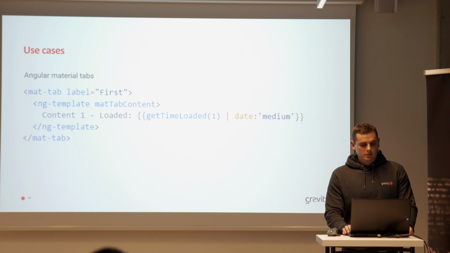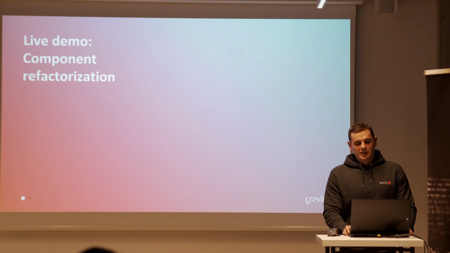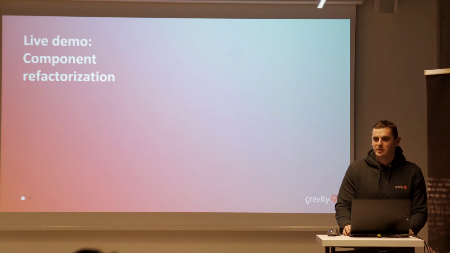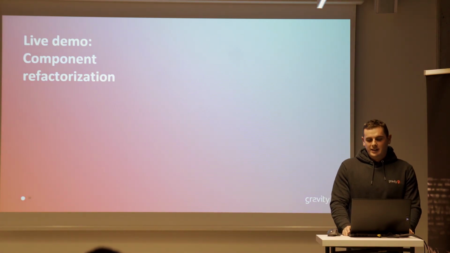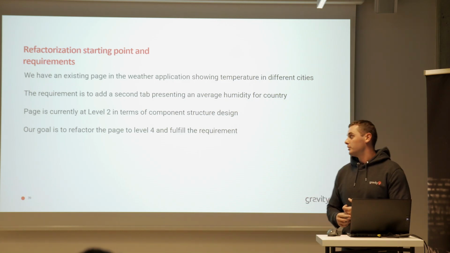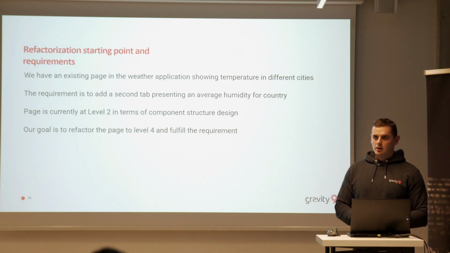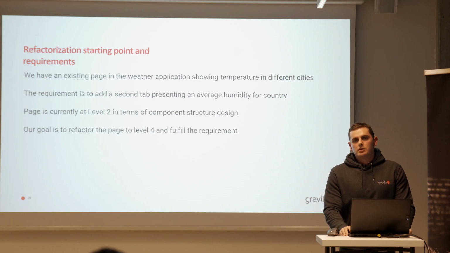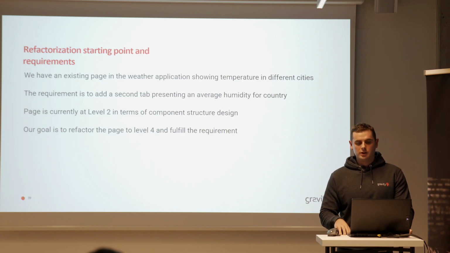All right, so we can switch to the live demo, after this hard 27 minutes of theory. Basically, what we want to do in this demo is that we have an existing page that is displaying weather data. It's displaying weather data in 3 columns for 3 different regions, America, Europe, and Asia.